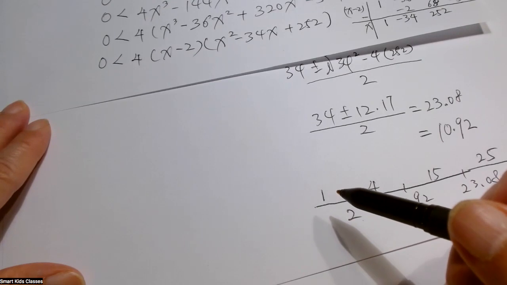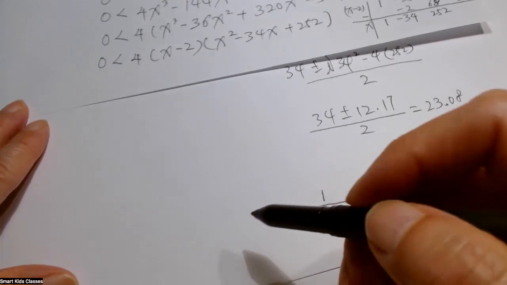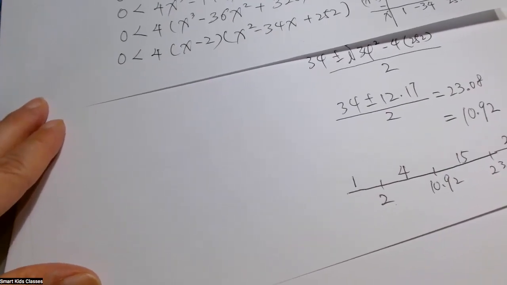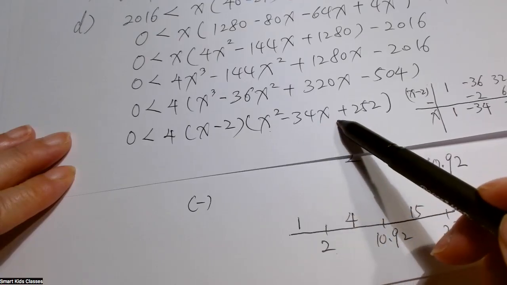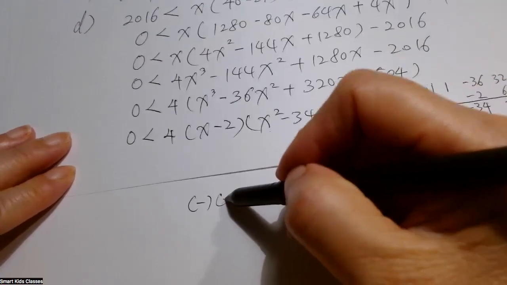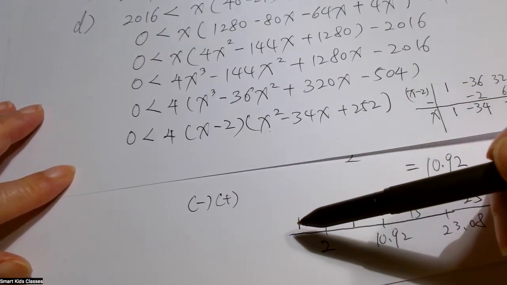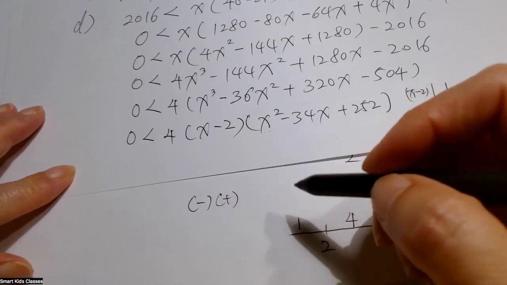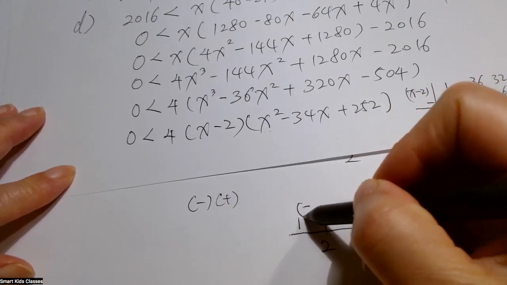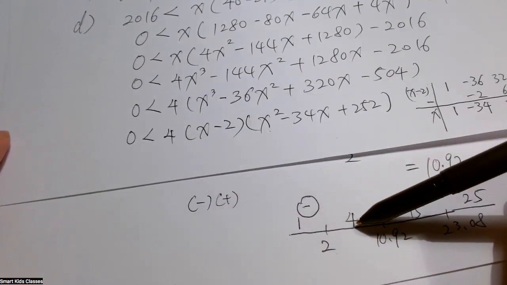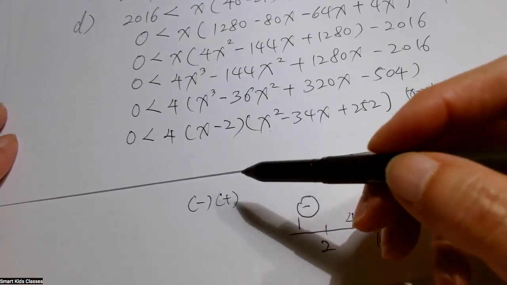So let's try 1. The first bracket, we try 1. I move the camera a little bit here. The first bracket here is positive. This bracket, positive times negative is a negative. It's not the solution, we have to be larger than 0. So how about trying 4?